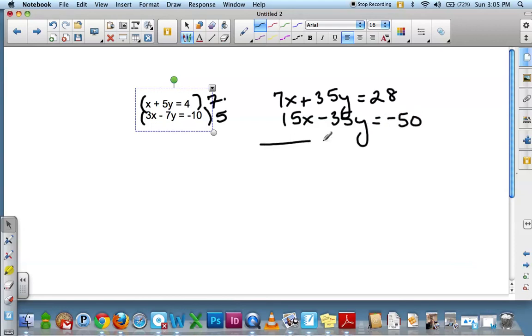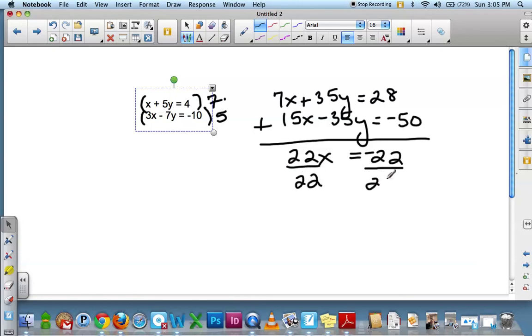Okay. I'm going to add these together. So 7x plus 15x is 22x equals, well, 28 minus 50, so that's going to give me negative 22. So I'm going to divide each side by 22, and I've got x equals negative 1.